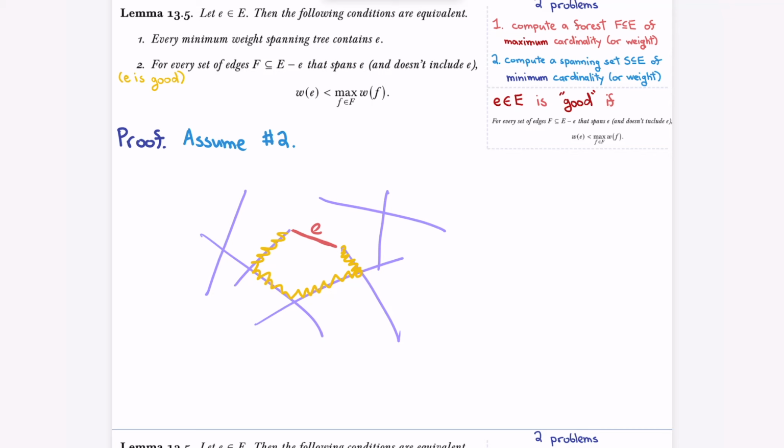And since E is good, there must be some edge along this path with bigger weight. So maybe it's this one. This is F, and the weight of F is bigger than the weight of E.